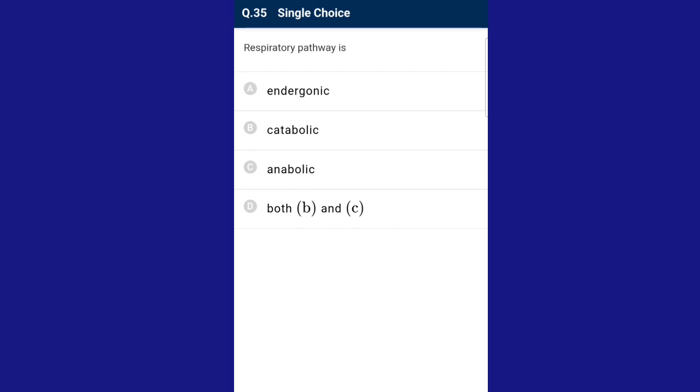Respiration is generally considered catabolic as the complex compounds are broken into simple forms to produce energy. So the answer for this question is option D. Respiratory pathway is both catabolic and anabolic process.